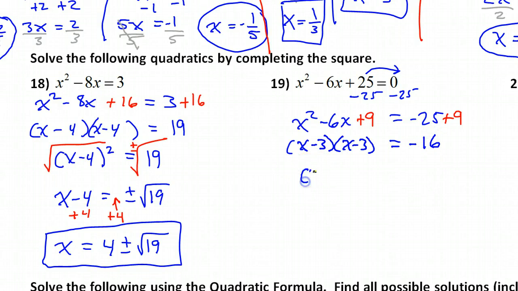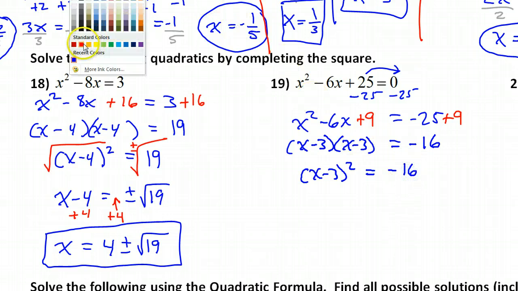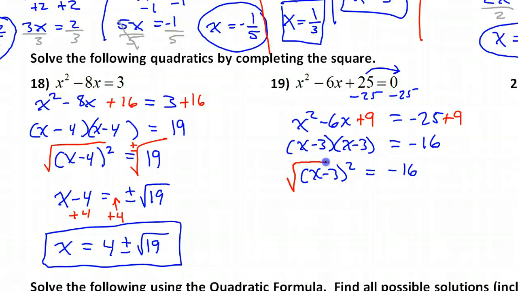So then I have x minus 3 squared is equal to negative 16. But then it's time to take the square root of both sides, like this. Do not forget your plus or minus. Now, when you have a negative under the radical, you bring the negative out as an i.